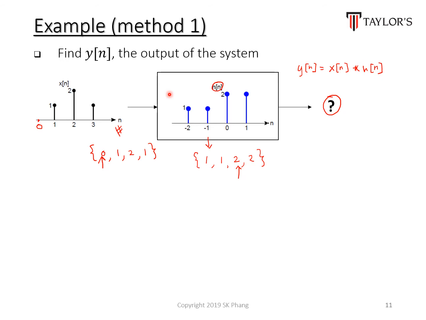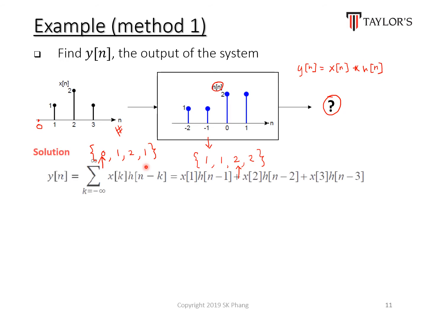When the signal is passing through this system, we can write down the formula that you've seen earlier, the convolution formula, x[n] convolved with h[n]. Now we need to identify how many k's there are, and what numbers k spans. In this case, you look at the signal x[n]. x[n] has only 3 nonzero times: 1, 2, and 3.